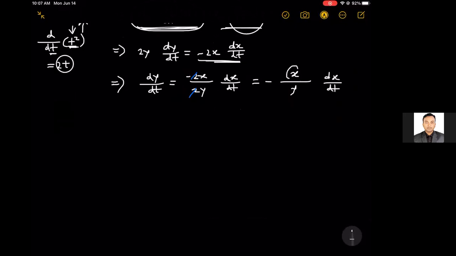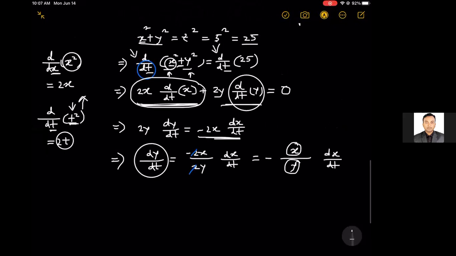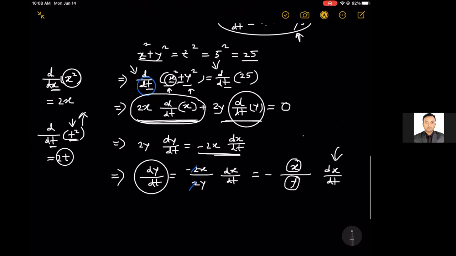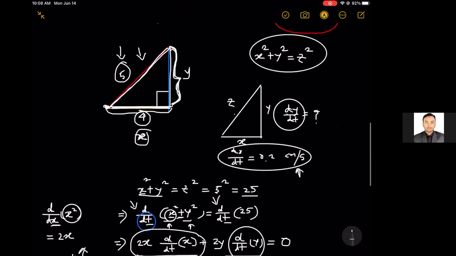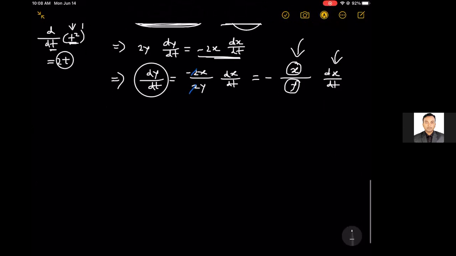If we plug in the values of this, we'll get to our desired solution. Now, we know the value of dx/dt, which is 0.2, I believe. We know the value of x as well, which is 4. We just need to find the value of y. Now we can use that formula again and isolate y.